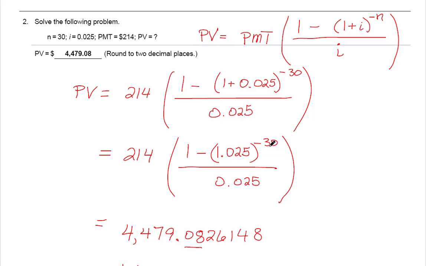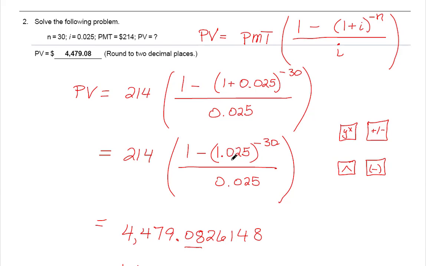On your calculator, you should be looking for a key that looks like y to the x, because we need the exponent, and you need to look for a symbol that looks like plus/minus, because we're going to need to enter the 30 and then change the sign. Now, your calculator might also have the exponent key that looks like this, and the button for changing the sign can sometimes look like that. So your calculator is going to have one of those.